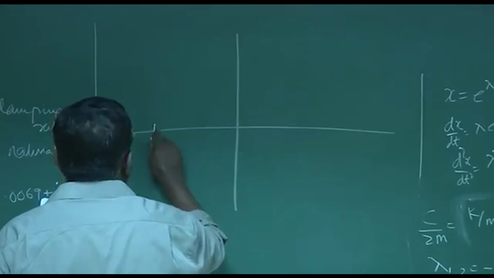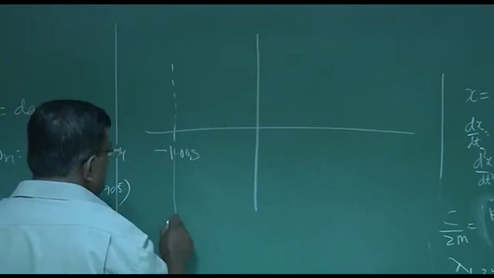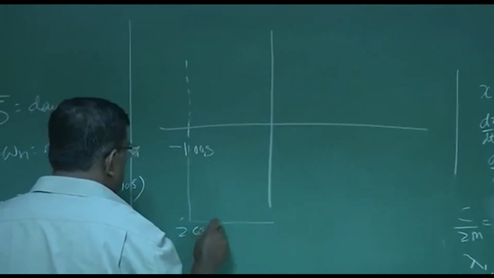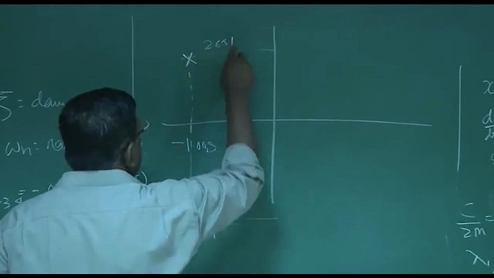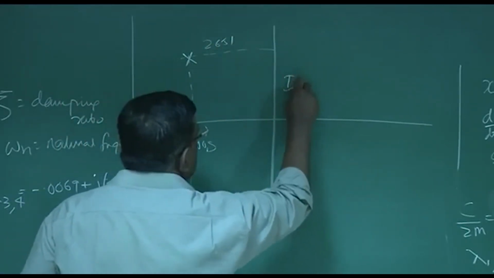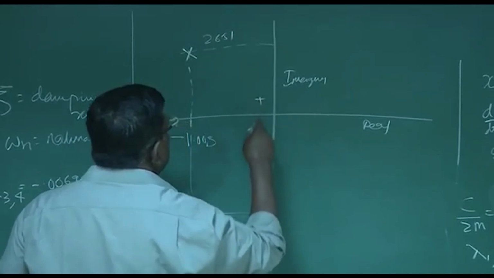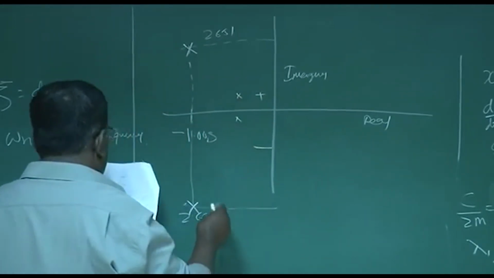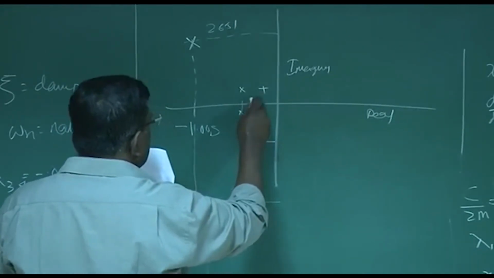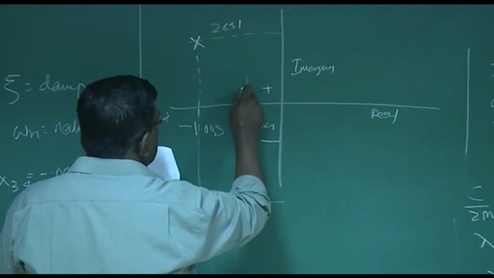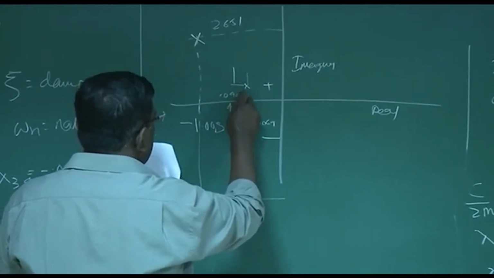Let's say minus 1.008, so something like this, and this is 2.651, one here, this is 2.651, this is imaginary, and this is the real axis, this is of course negative, this is positive, and another pair is given somewhere here, where this value is how much? 0.0069, of course minus, and this value corresponds to 0.0905.